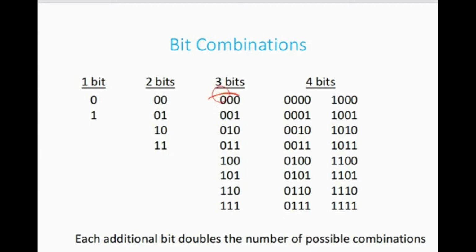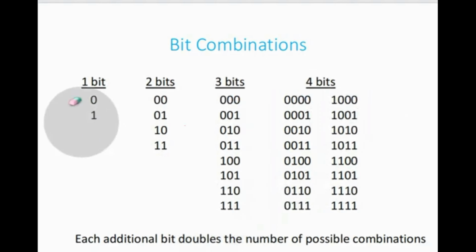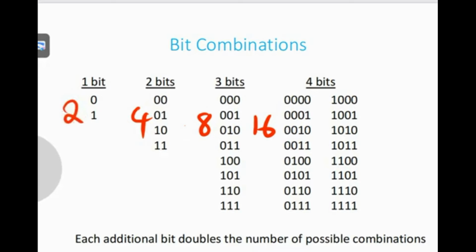One thing that we can observe here is, for 1 bit, possible combinations are 2. For 2 bits, we have 4 combinations, then 8, and then I believe we have 16 combinations. So what would you say there? Are you able to observe a certain trend that is happening? The first one is 2 to the power 1, 2 to the power 2, 2 to the power 3, 2 to the power 4.